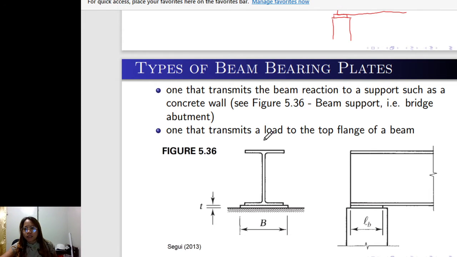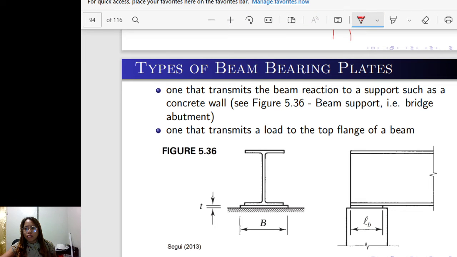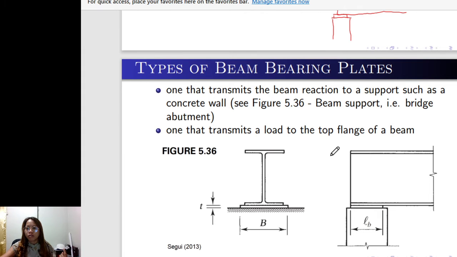Then one that transmits load to the top flange of the beam. So number one is one that transmits the beam reaction to a support. And the other one transmits load to the top flange of a beam.